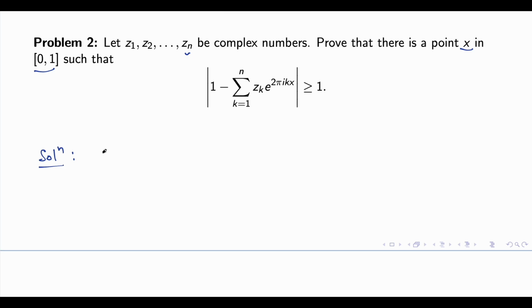So how do we do the solution? Since we know the functions 1, e power 2 pi i x, and so on up to e power 2 pi i n x, these functions are orthonormal on [0, 1].